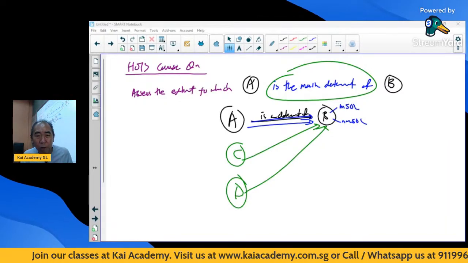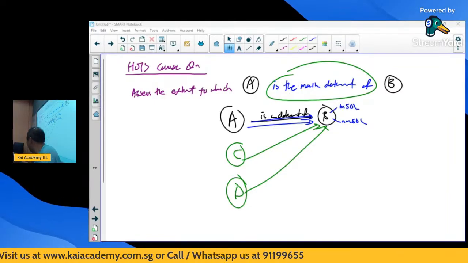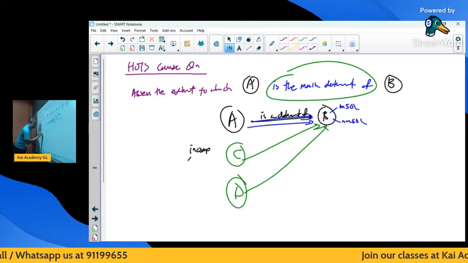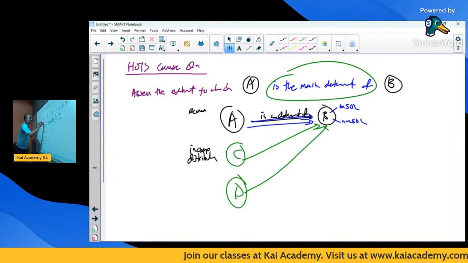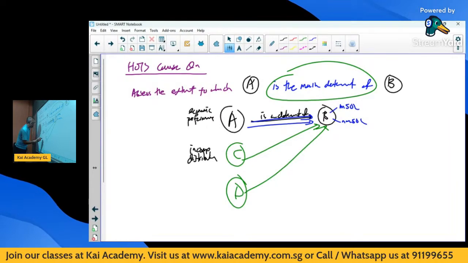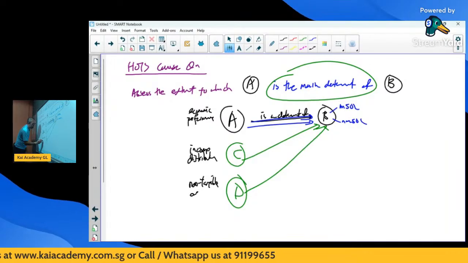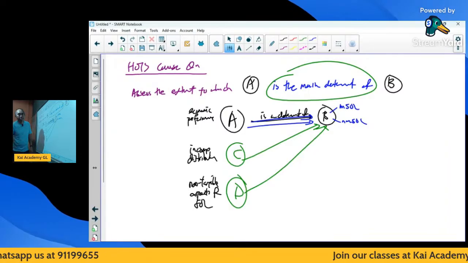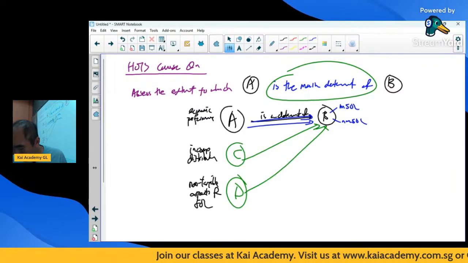Maybe income distribution, not Gini coefficient, sorry, income distribution. So C is income distribution, and A is economic performance. Then D could be non-tangible aspects of SOL, so maybe we can talk about quality of education, quality of healthcare, for instance.